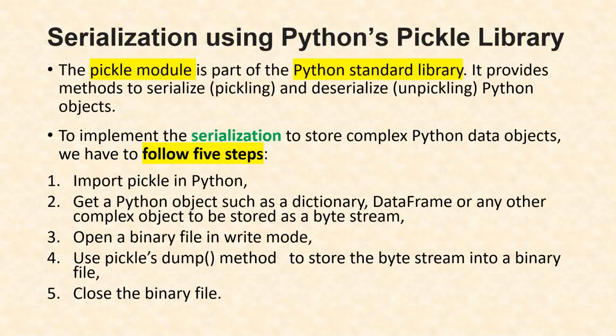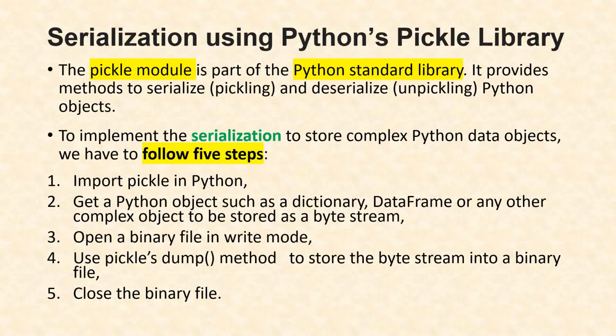Serialization using the Python pickle library. Here we shall discuss this one. The Python pickle module is a part of the Python standard library. It provides methods to serialize and deserialize data of the objects of Python. To implement the serialization, to store a complex Python structure, we have to follow 5 steps.